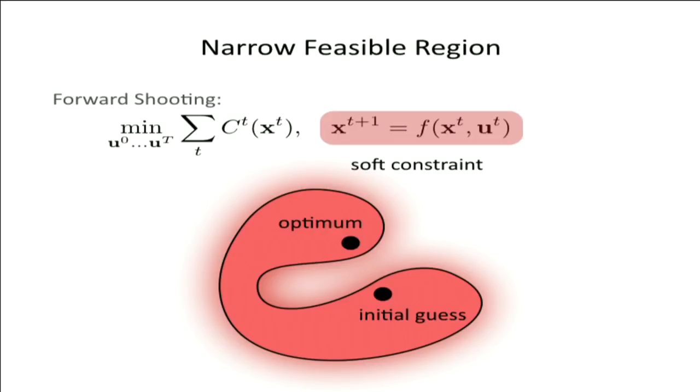On the other hand, if this dynamics were to be a soft constraint, and this, rather than being a 0-1 region, instead was something like the energy, like how likely you are to have a particular trajectory, well, you could potentially see that during the course of the optimization, you might be able to jump over intermediately through the space of infeasible, implausible trajectories and get to the optimum.